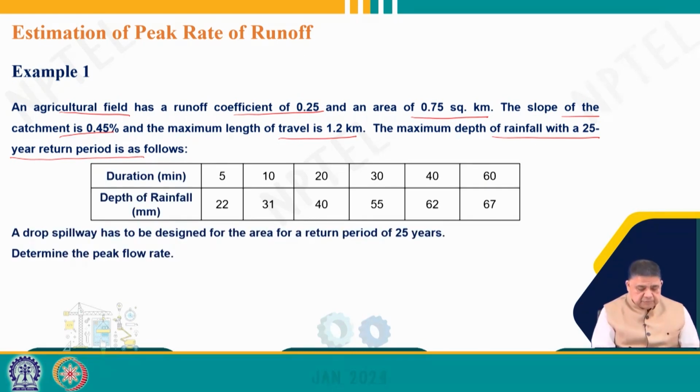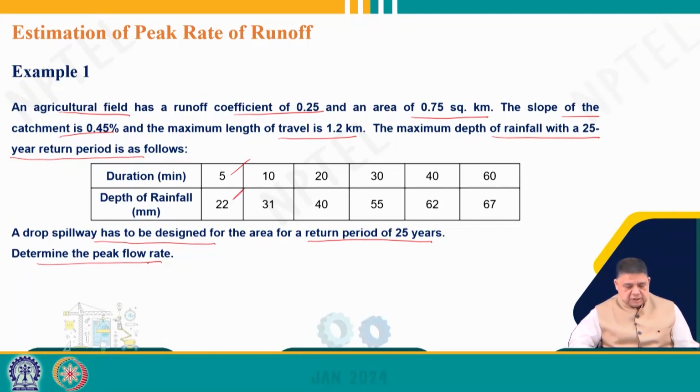Here we have been provided a table with the depth of rainfall in millimeters for different durations in minutes. A drop spillway has to be designed for a return period of 25 years, and of course, we have to determine the peak flow rate for designing this structure.